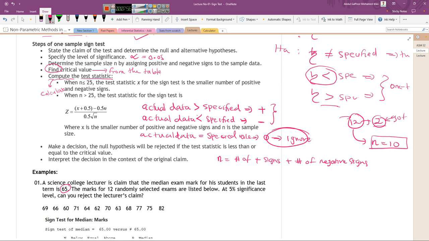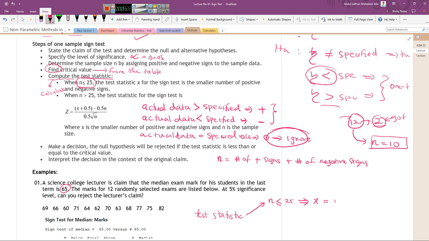When n is less than or equal to 25, we assign the name x to the test statistic. So if our sample size is less than or equal to 25, our test statistic will be x.